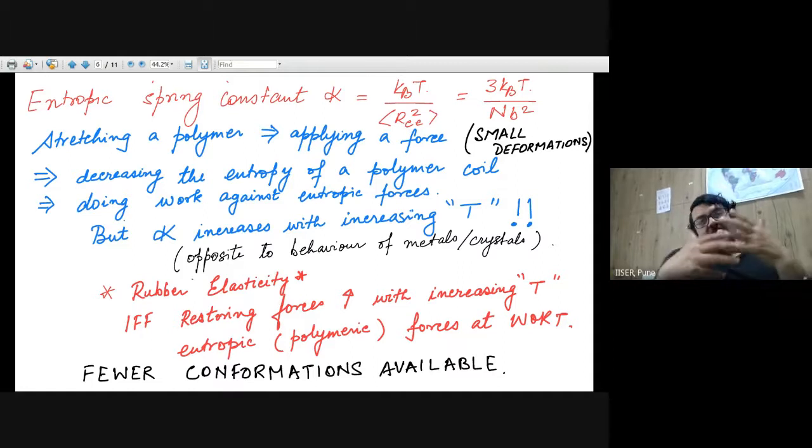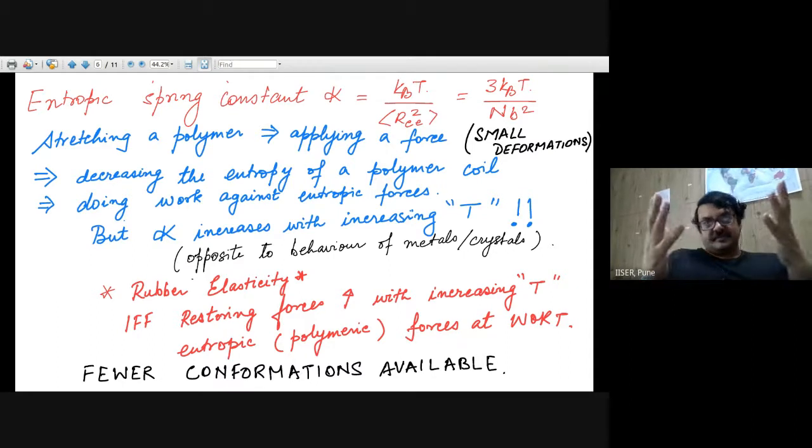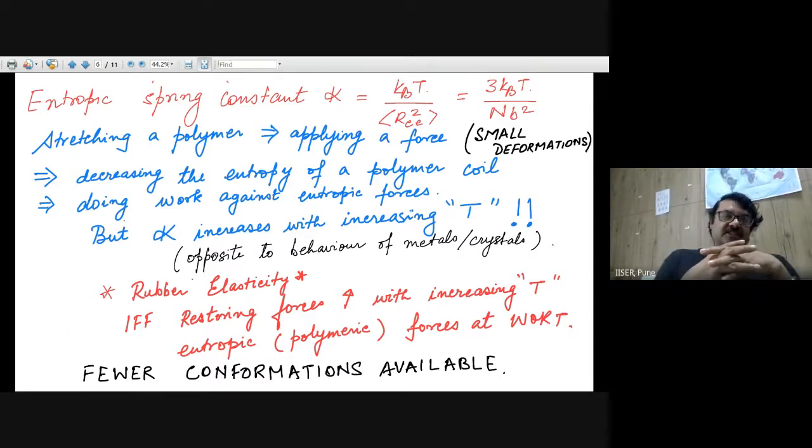I mean, suppose you have a large number of polymers entangled and so on. Yes, I know that we are discussing a single polymer chain, but the same physics can also be extended when you have a dense melt of polymer chains, something like a rubber. What is rubber? It's basically a large number of polymer chains which are cross-linked with each other.